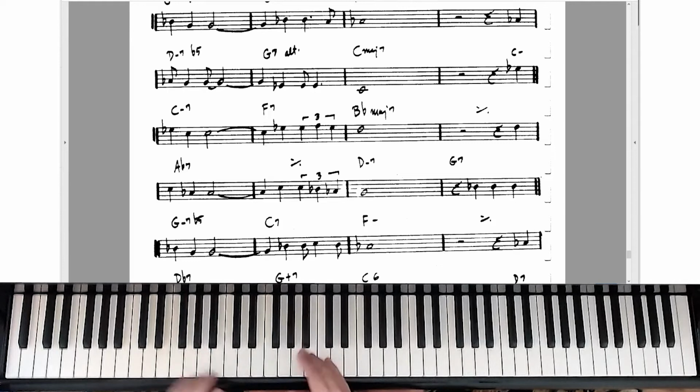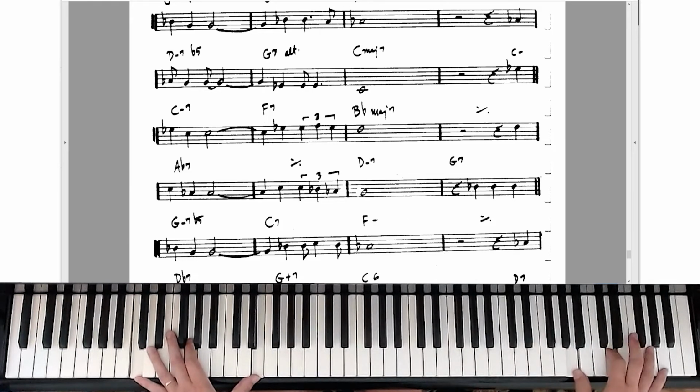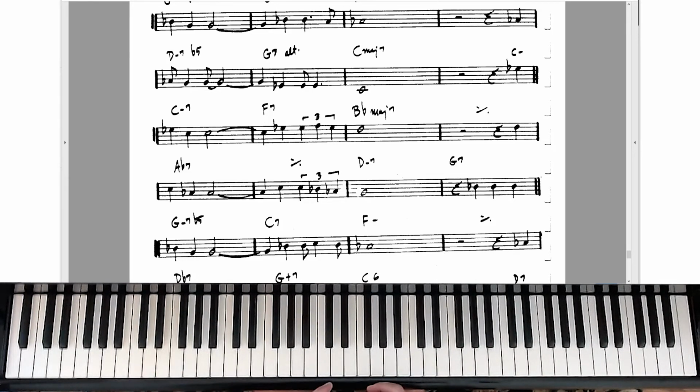That's an interesting thing, playing just the scale upward and following it with the left hand. And then keep going.